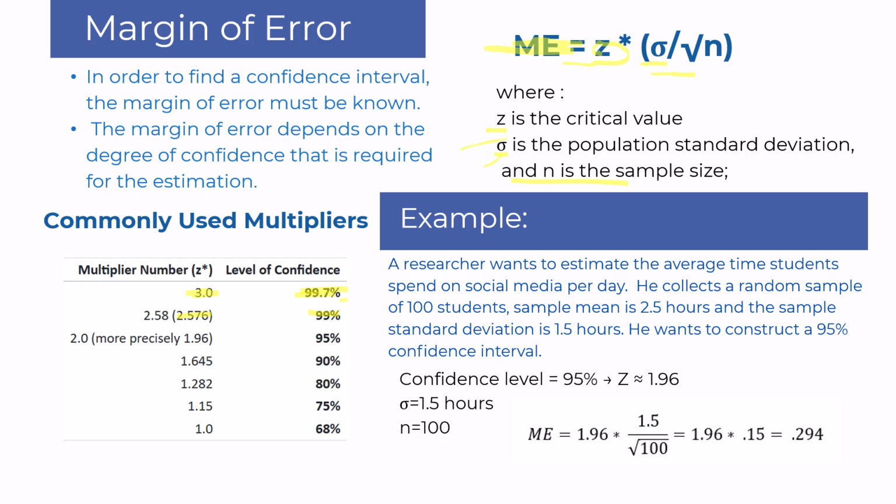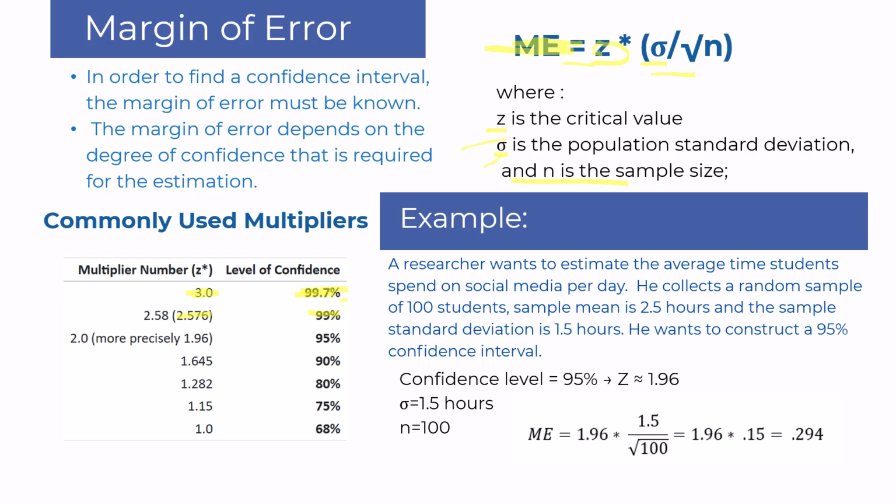So let's have here an example. A researcher wants to estimate the average time students spend on social media per day. He collects a random sample of 100 students and the sample mean is 2.5 hours. And the sample standard deviation, or we say the population standard deviation, is 1.5 hours. And he wants to construct a 95% confidence interval.